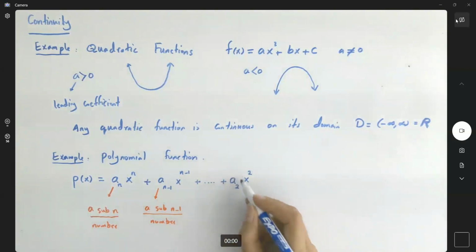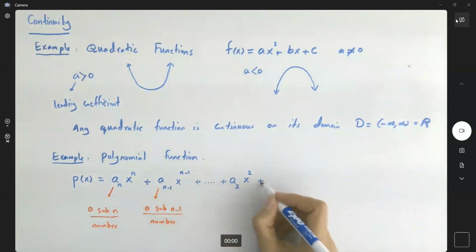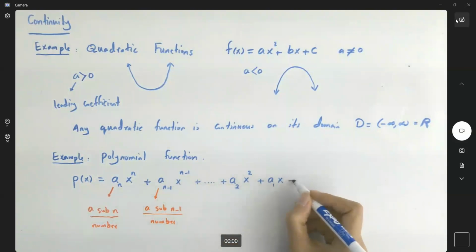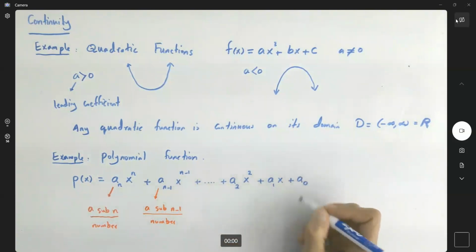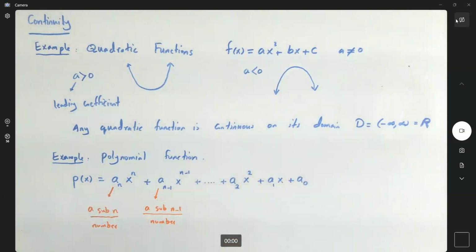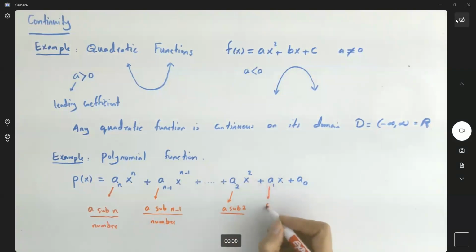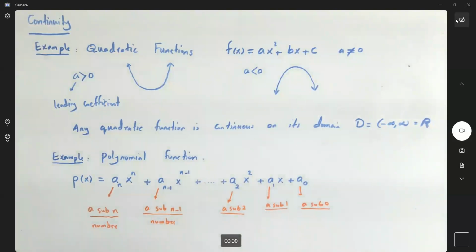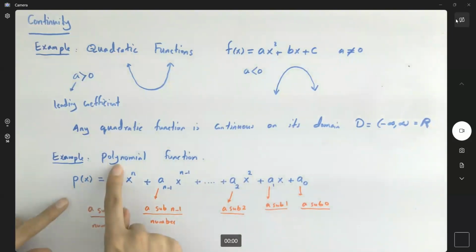A sub 2 is another number. Then a sub 1, x to the first power, plus a sub 0. Any polynomial function is continuous on its domain.